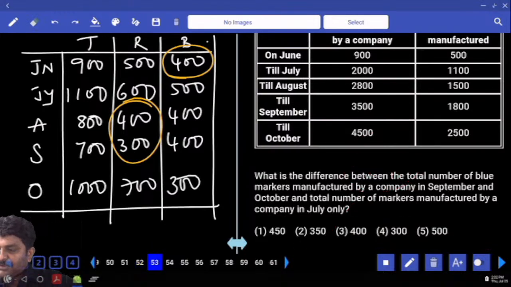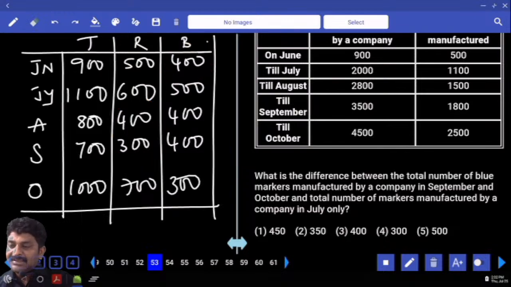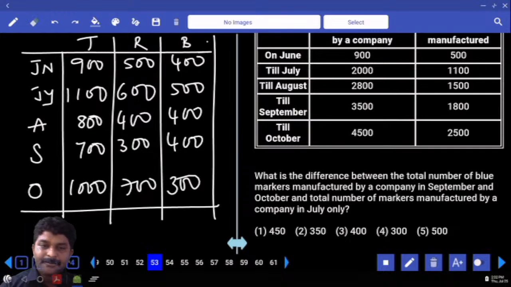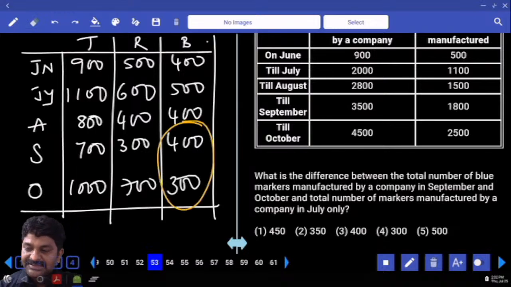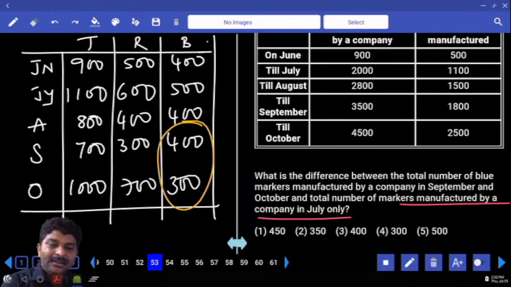What is the difference between total number of blue markers manufactured by a company in September and October? Blue in September and October. Difference between this number and total number of markers manufactured by company in July only. In July total 1100.